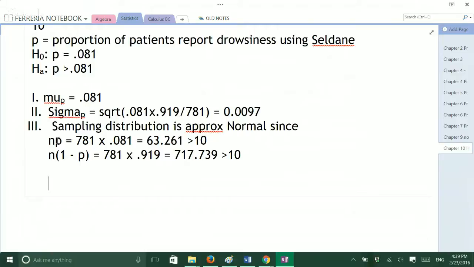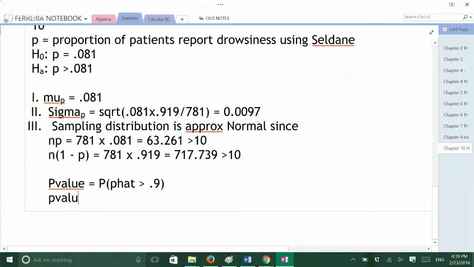The first thing we're going to need is the p-value. That's going to be equal to the probability that a p-hat is greater than 0.09. And that's equal to the probability that z is greater than, we should normalize that, right?